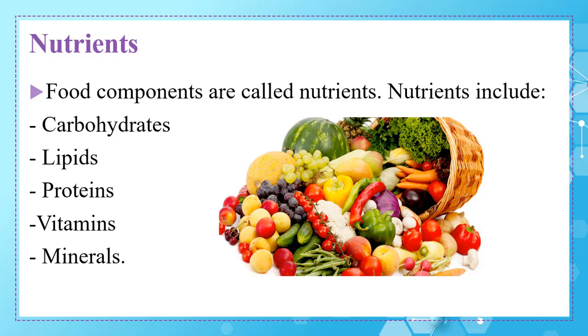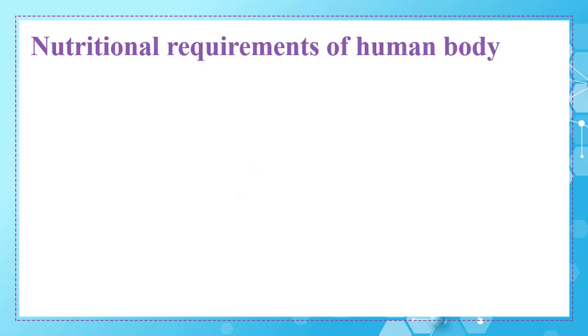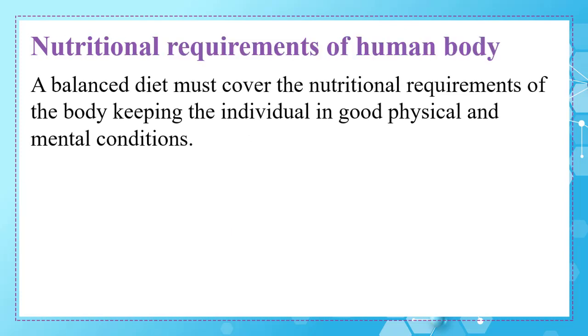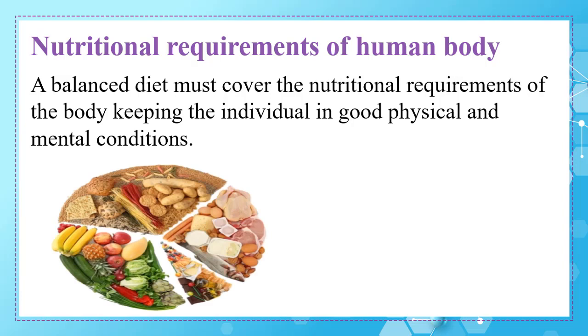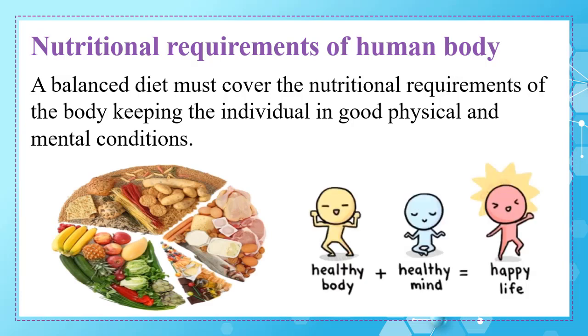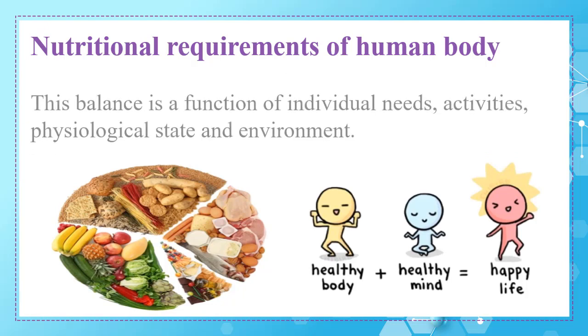Which of these nutrients is needed most by the body and which one is the most important? Well, this depends on the nutritional requirements of the body. A balanced diet must cover the nutritional requirements of the body, keeping the individual in good physical and mental condition. Then, our food should contain different kinds of nutrients to have a healthy body, healthy mind, leading then to a happy life.